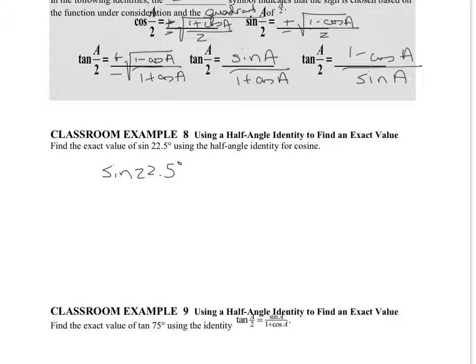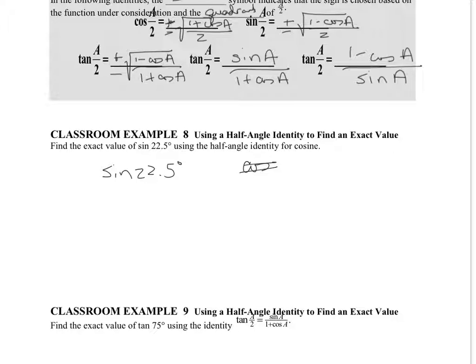But using this half angle identity, we want to end up with cosine in the answer. And that's because if you look at the replacement for sine, it has cosine in it, okay?